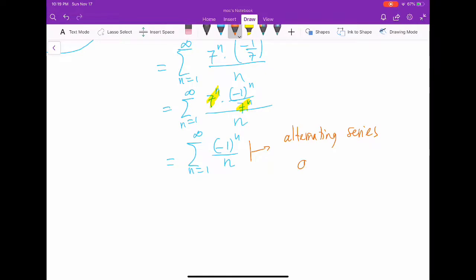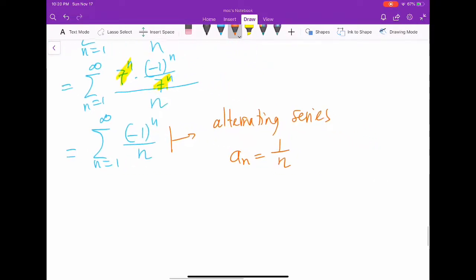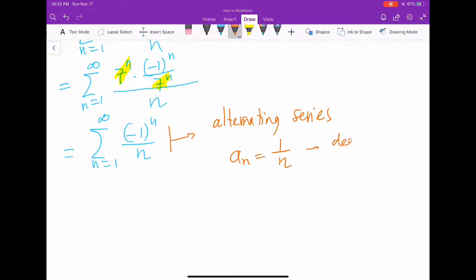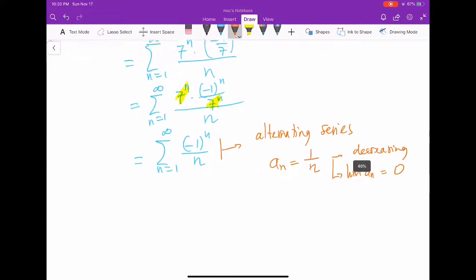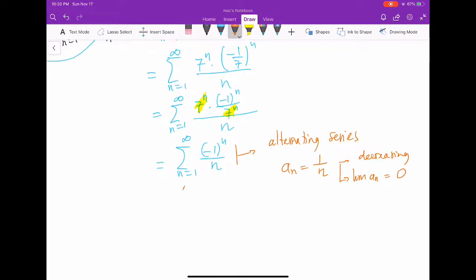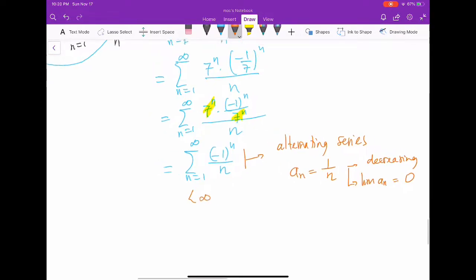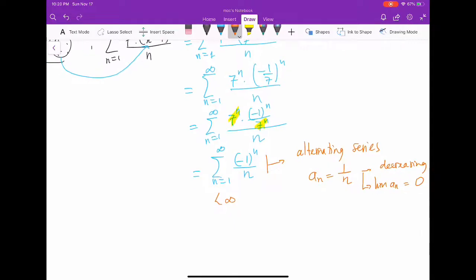And what is a_n? In this case, a_n is 1 over n. And we know that a_n is decreasing, and the limit of a_n is 0, which is obvious. So by the alternating series test, this series converges.